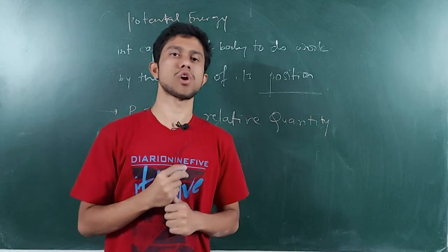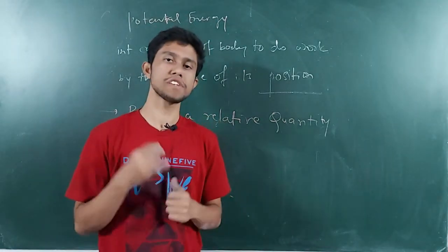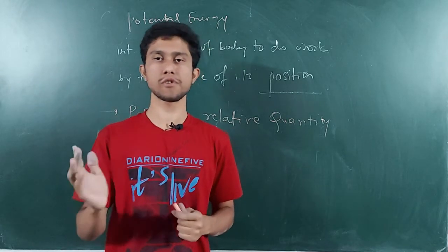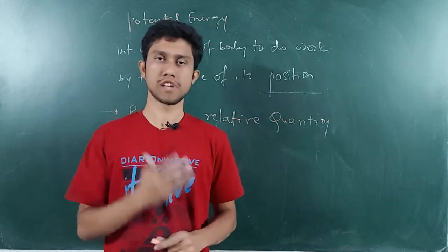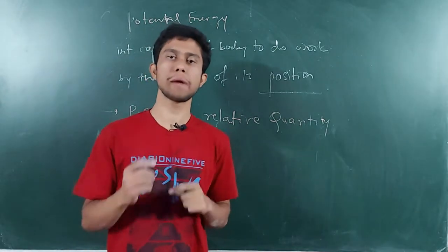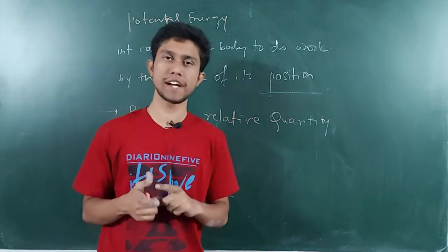The question is wrong because it is incomplete. I have to ask what is the potential energy of an object with respect to some surface or with respect to ground. So this "with respect to" is a very important term because potential energy in itself is a relative quantity.